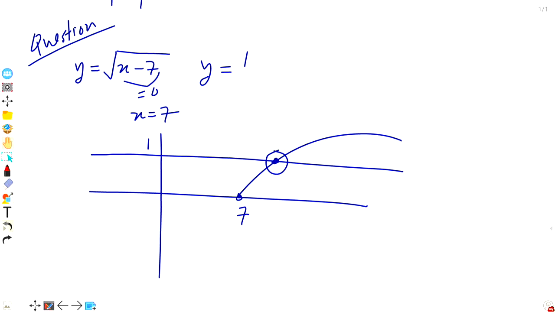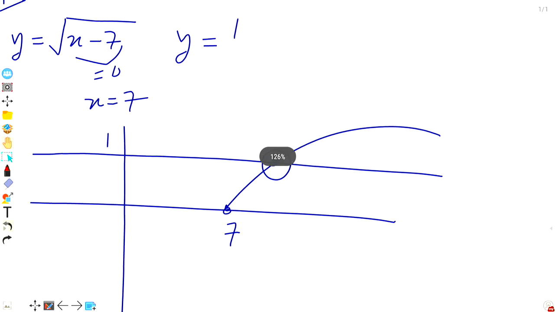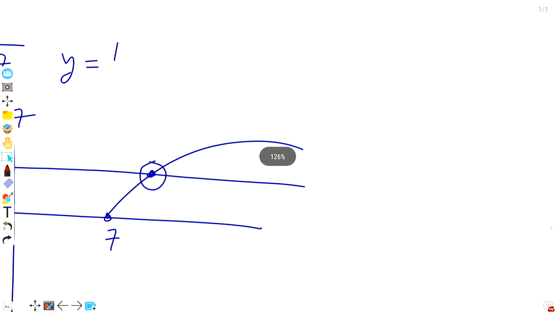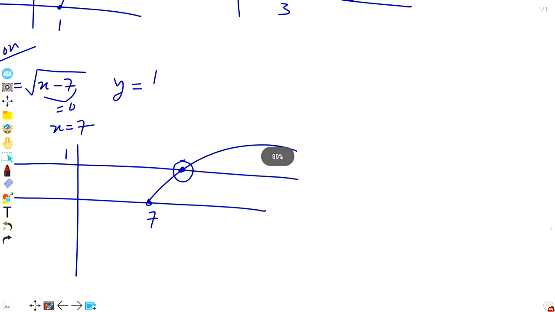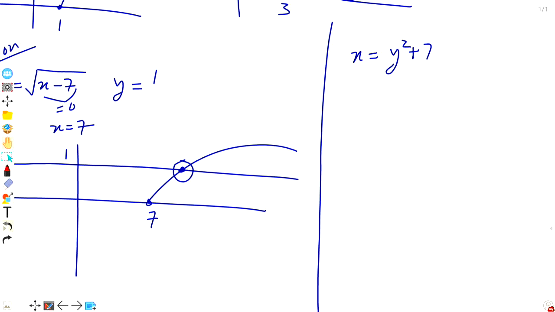Right. So now this is the graphical interpretation of that, but you don't have to really do it this way. You are given x is equal to y squared plus 7, and also you are given y is equal to 1.